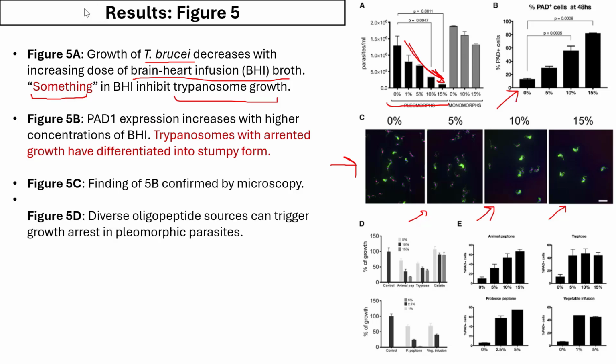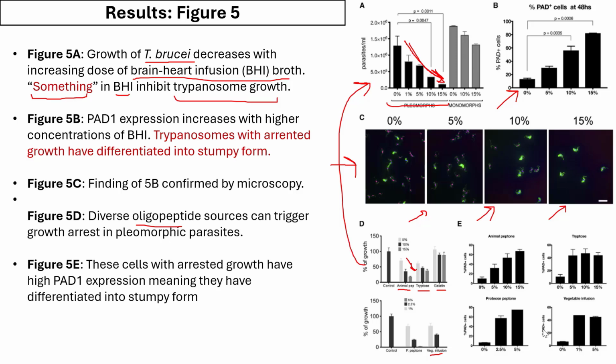In figure D, researchers found that different kinds of oligopeptide sources, which can be animal peptone or tryptone or gelatin or vegetable infusion, these all peptide sources or oligopeptide sources can reduce the growth of trypanosomes. So just like what we are seeing here. So maybe in brain heart broth, there were some oligopeptides which were reducing the growth of trypanosomes.